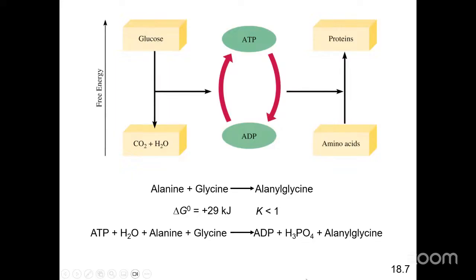What we're looking at is coupling this reaction here from ATP to ADP with this reaction here. And when we look at the free energy of that coupling, you'll see that delta G now is negative, which means that the coupling results in the spontaneous reaction occurring, which results in the formation of protein. Without that coupling, the reaction will not take place, because the conversion of the amino acids to peptides and proteins would be a non-spontaneous process.